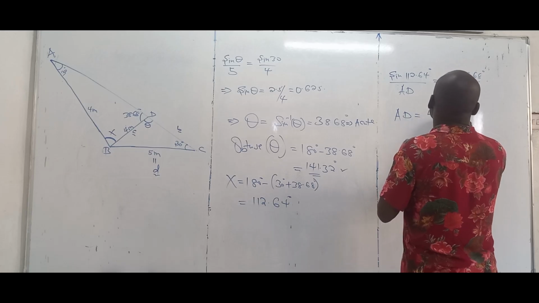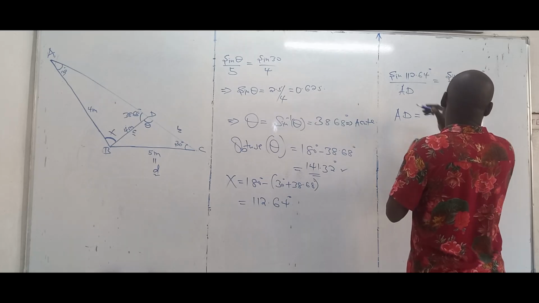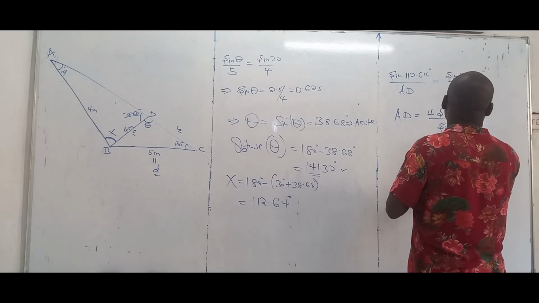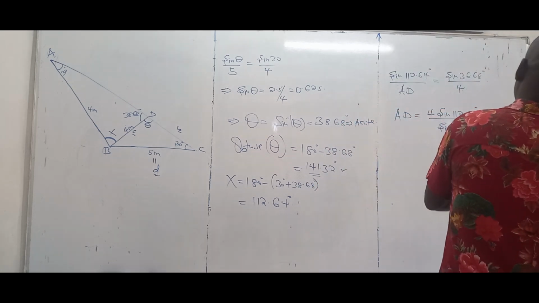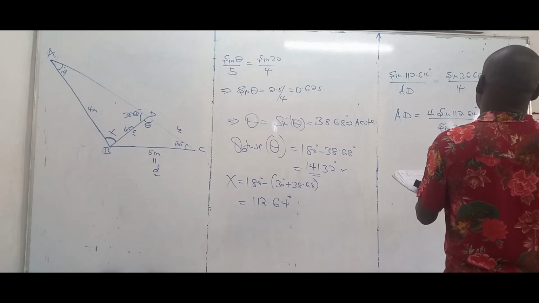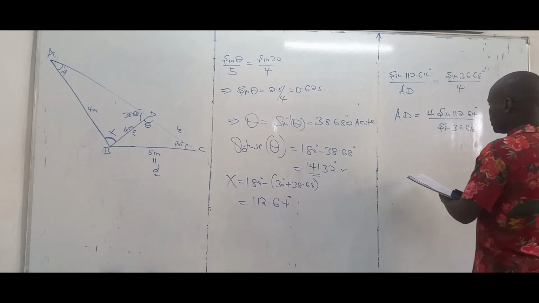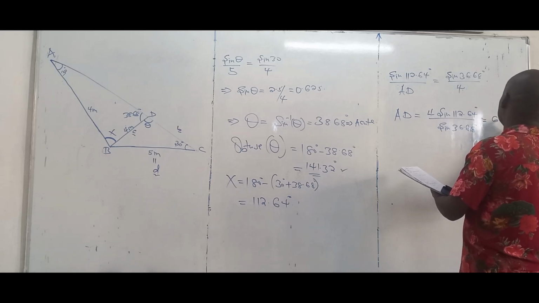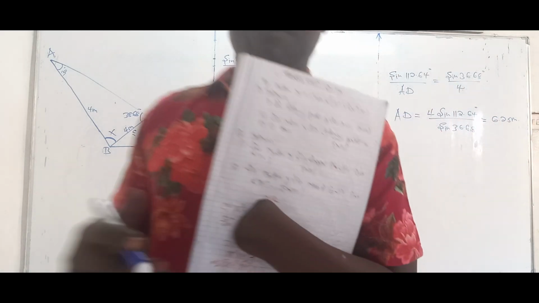4 sin 112.64 degrees divided by sin of 36.68 degrees. That is AD. So if you work that out, you should get about 6.25 meters.